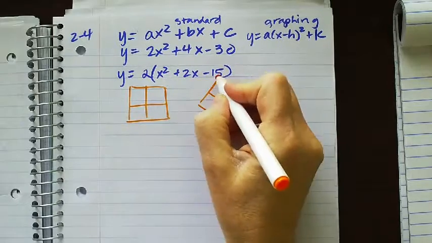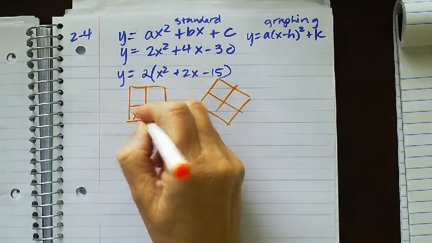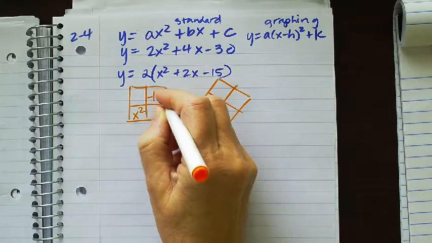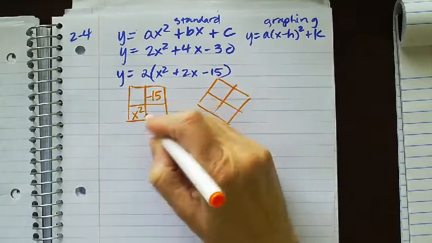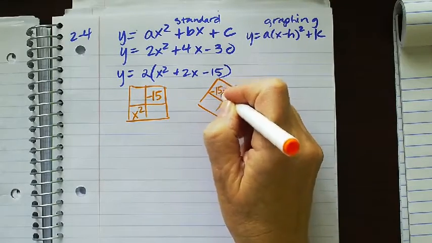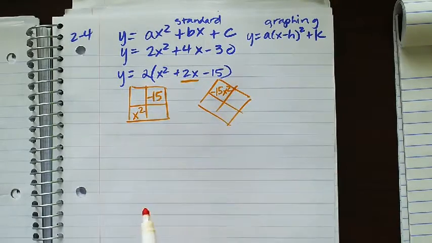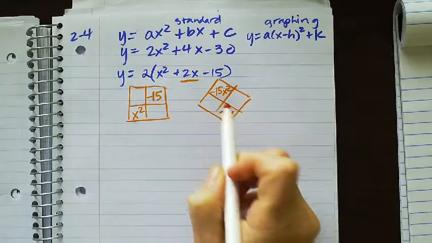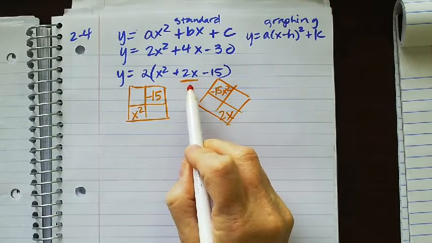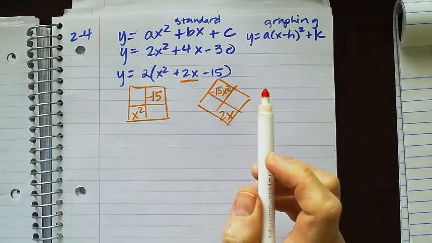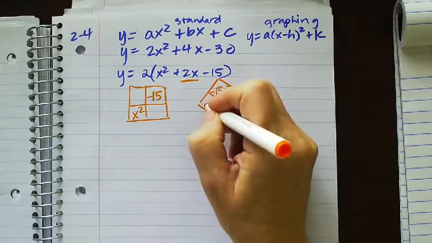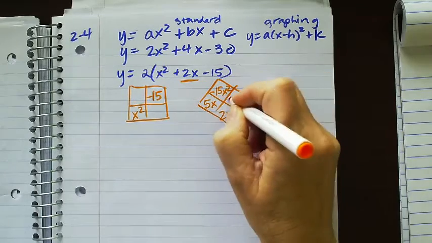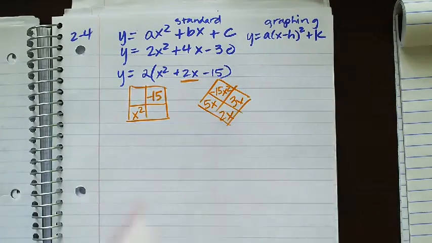So x squared term and your constant go in opposite corners. And you multiply those to get the top of the diamond. The bottom of the diamond is your x term. So you're looking for factors of negative 15 that sum to positive 2. So that's going to be 5 and 3. And you want it to add up to a positive 2.